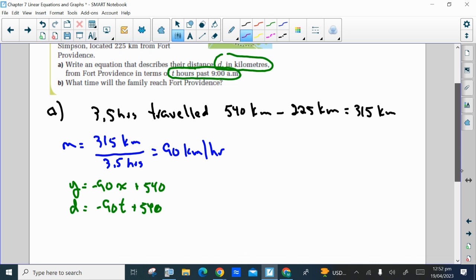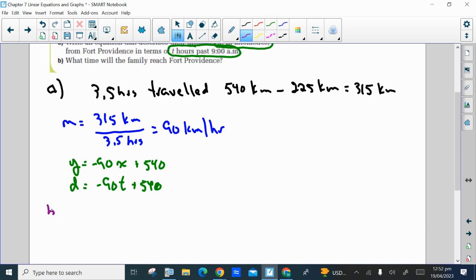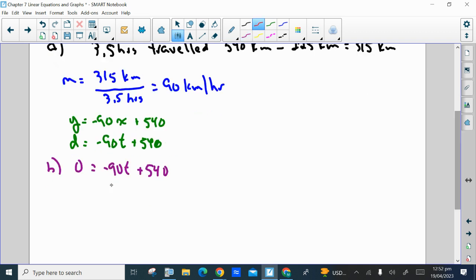And part B wants to know at what time will they reach Fort Providence. Well, that will be when D, the distance, is 0. They are 0 kilometers away from Fort Providence. So now we're going to solve for t. I would probably add the 90t to both sides. That gets our t term by itself, but it also makes it positive.